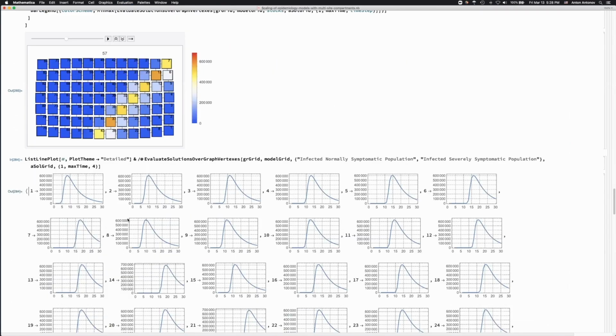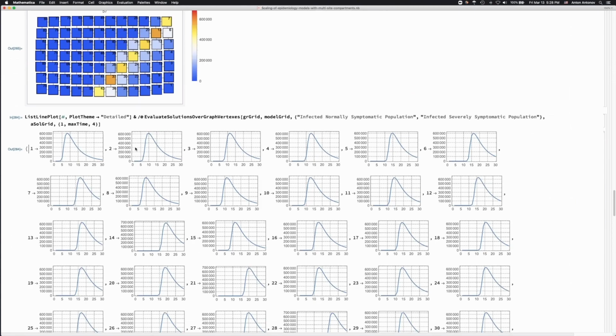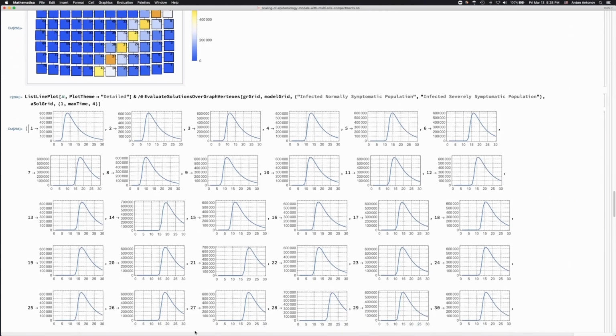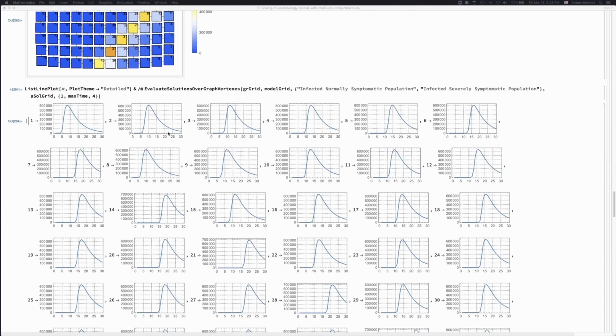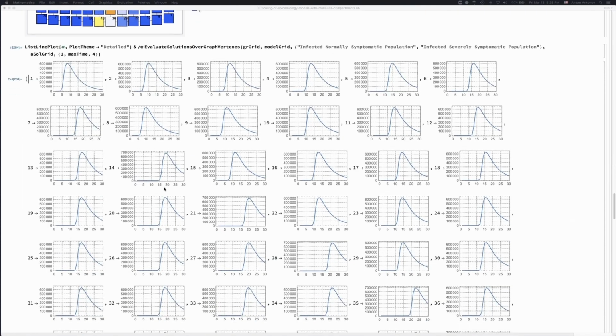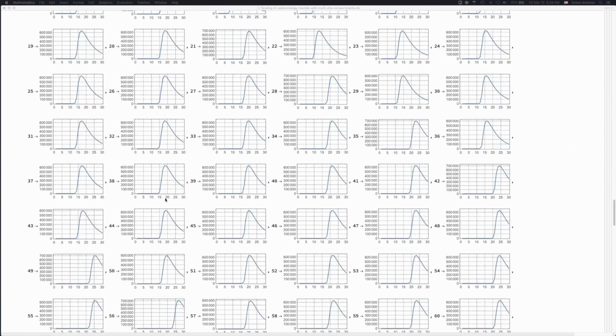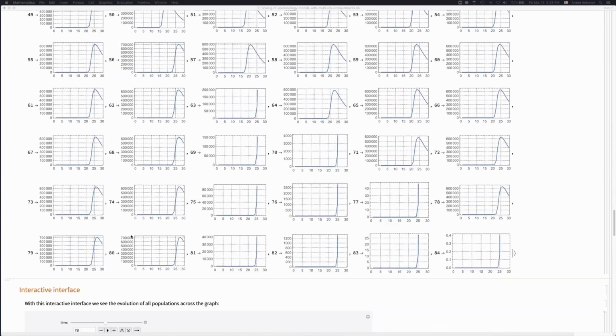You can see that all of these are pretty sharp, meaning they have the usual profile we expect from this kind of model for all these 84 sites.